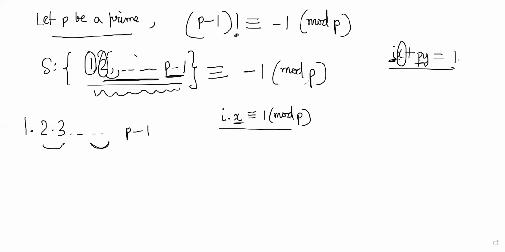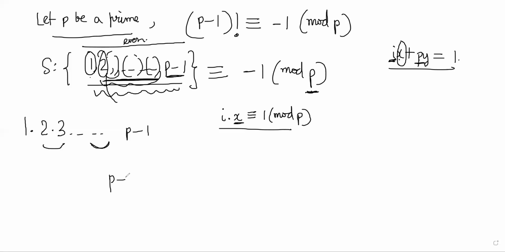Also, because P is a prime, it will be odd, and odd means that 1 to P minus 1 will be an even number of terms here. So these terms will be even, so you'll be able to pair up. And therefore you will ensure that all of these products become 1.